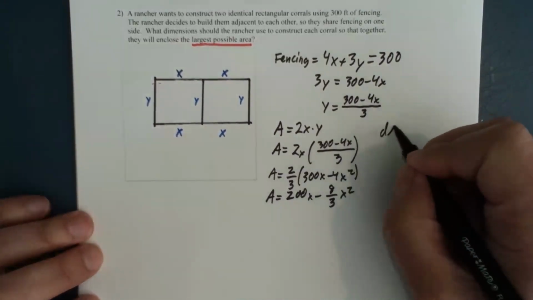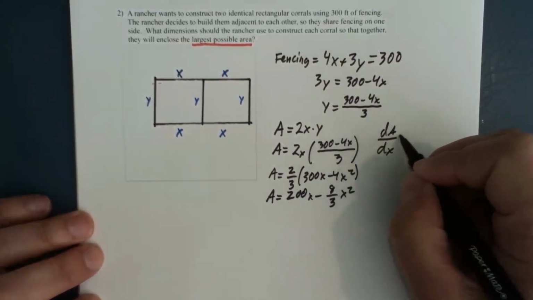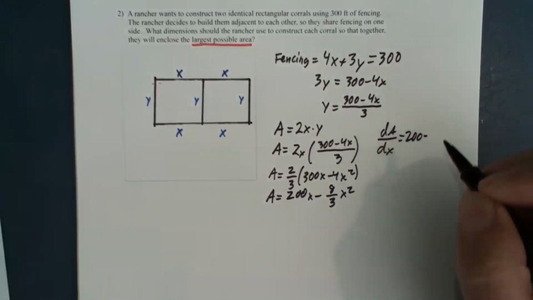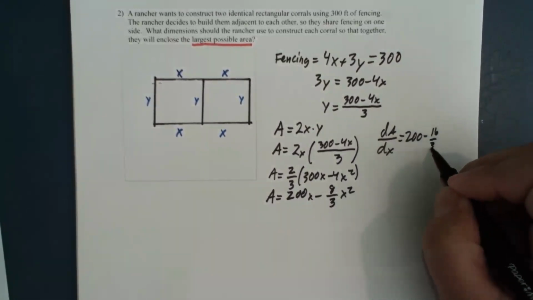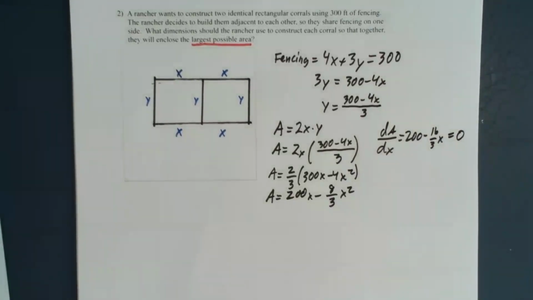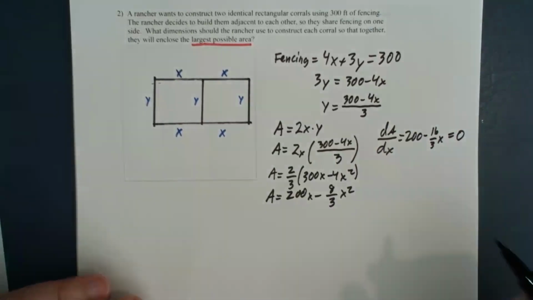Let's do that over here, dA over dx. That's going to become 200 minus, and that's going to become 16/3 x. And to optimize that, we're going to set that whole thing equal to 0. And then we're going to solve for x.